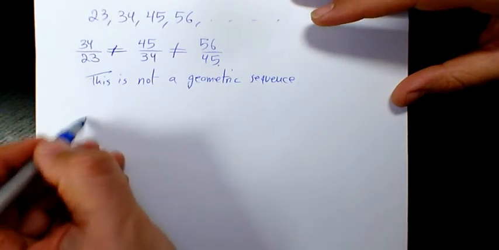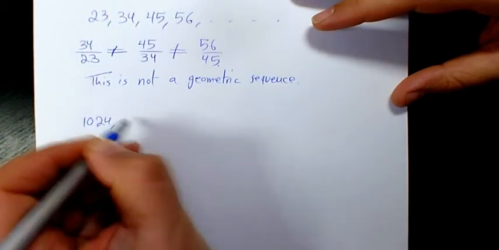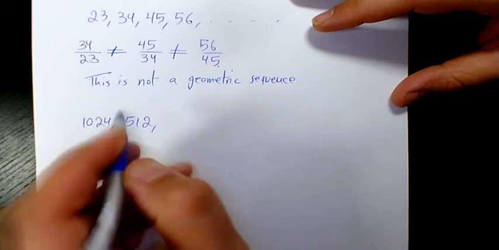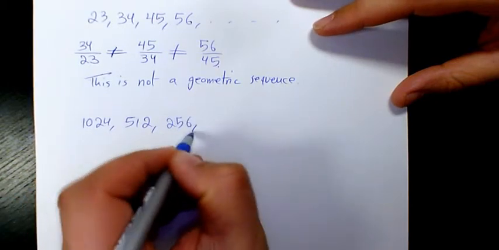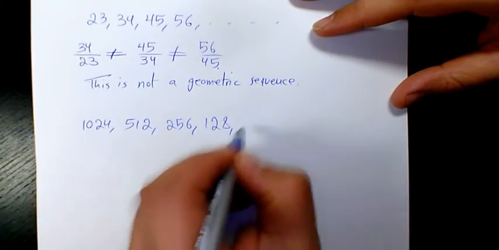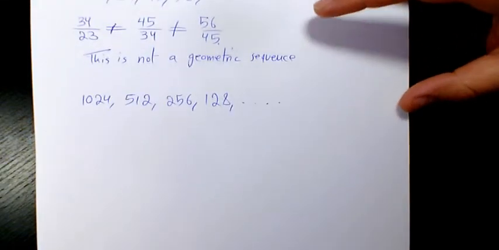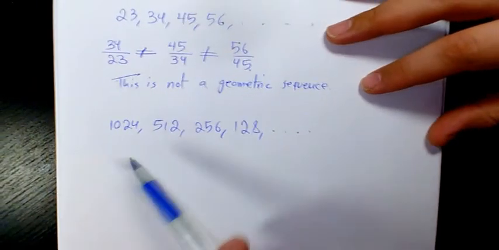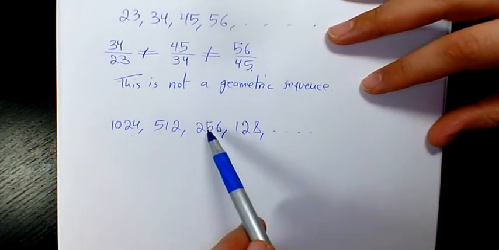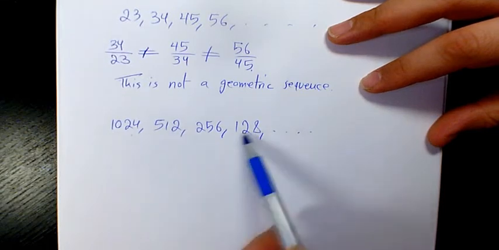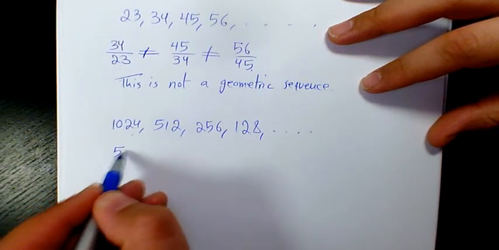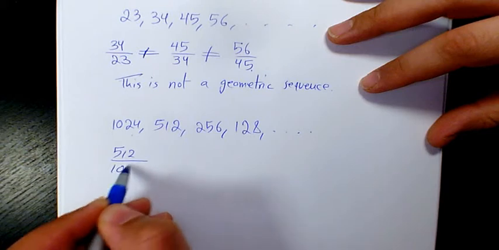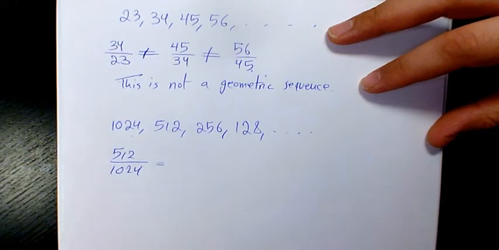Next example. 1024, 512, 256, 128. Again, we need to check the ratio. The second divided by the first, the third divided by the second, and the fourth divided by the third must give you the same number. If not, this is not a geometric sequence.